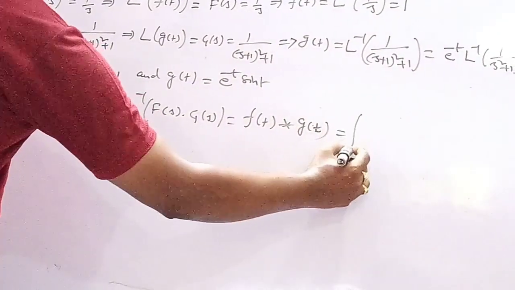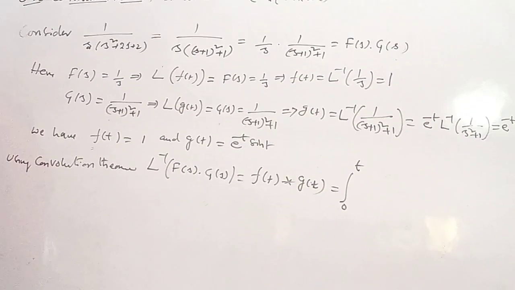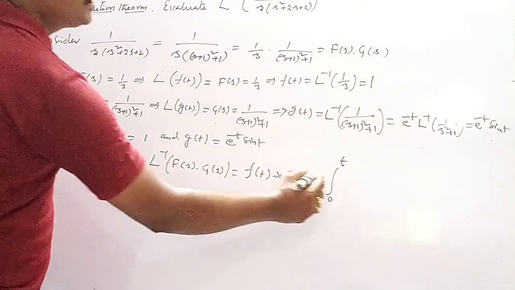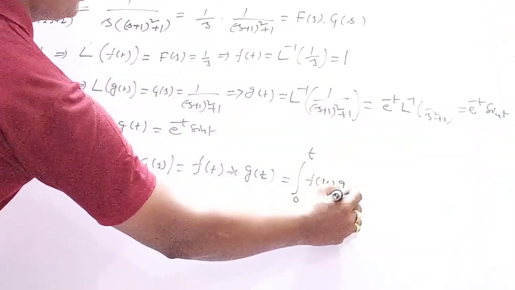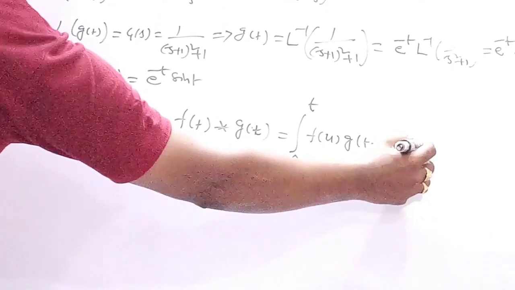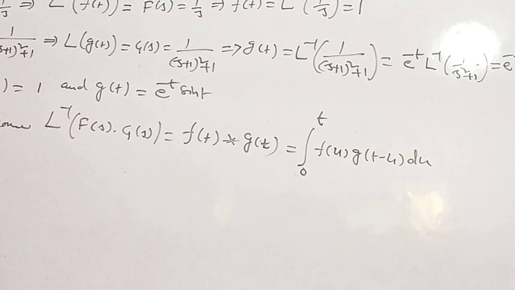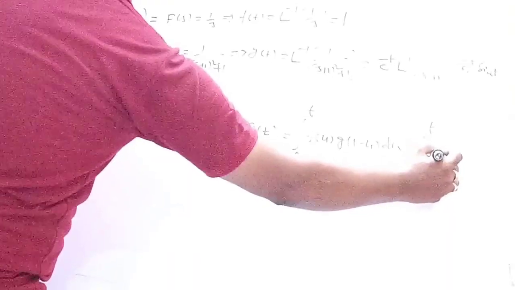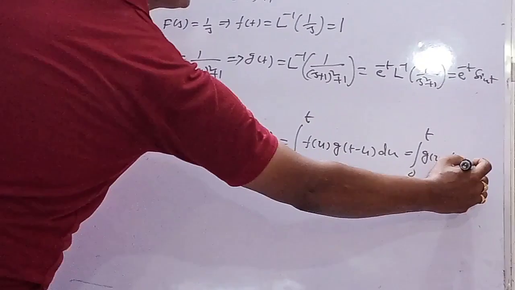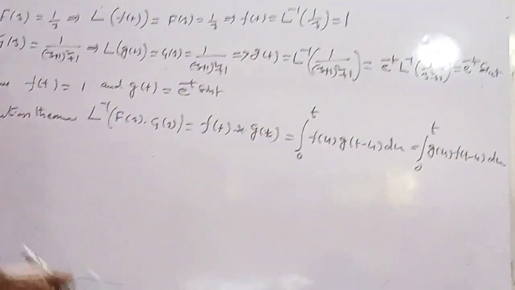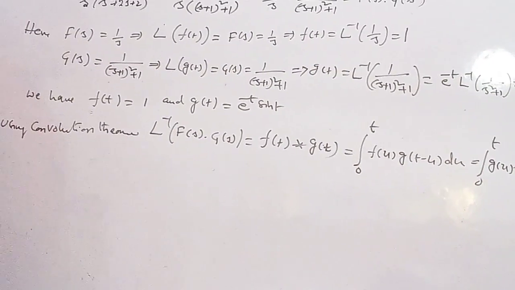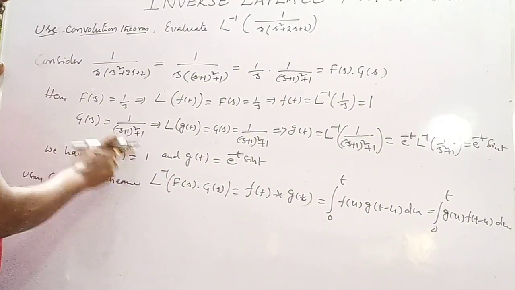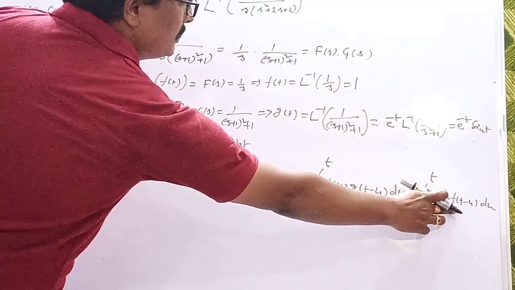This is equal to the integral from 0 to t; we apply f of u and g of t minus u du, or we write the integral from 0 to t of g of u f of t minus u du. Here you observe f of t value is 1, so to minimize the term t minus u, I am taking the g star f formula.